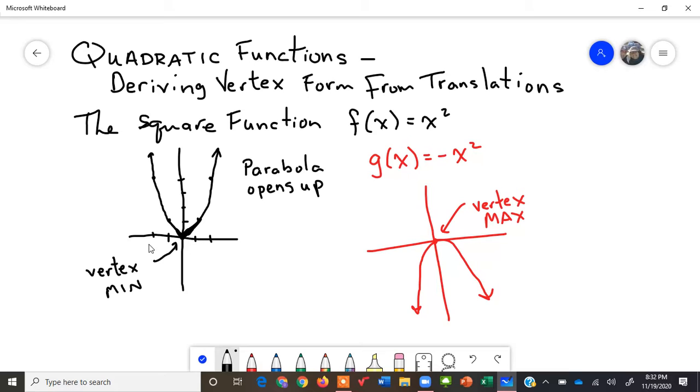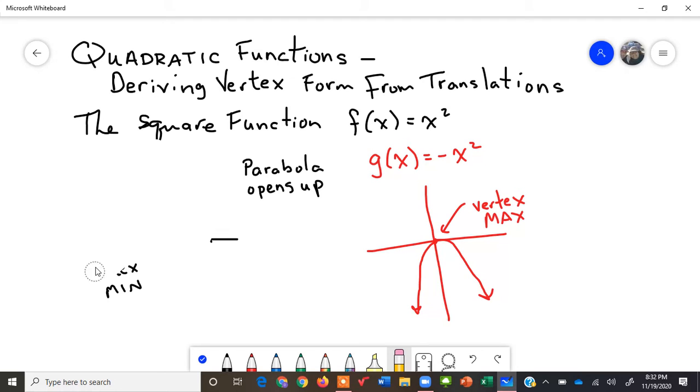What we're going to do is take this parabola and move it up and down and side to side so that the vertex changes. So let's consider the example where we take the square function and move it to the right 3 units, and move it up 2 units.